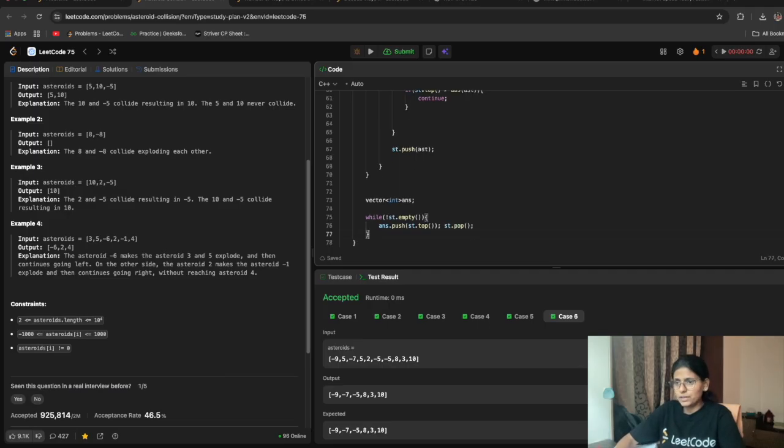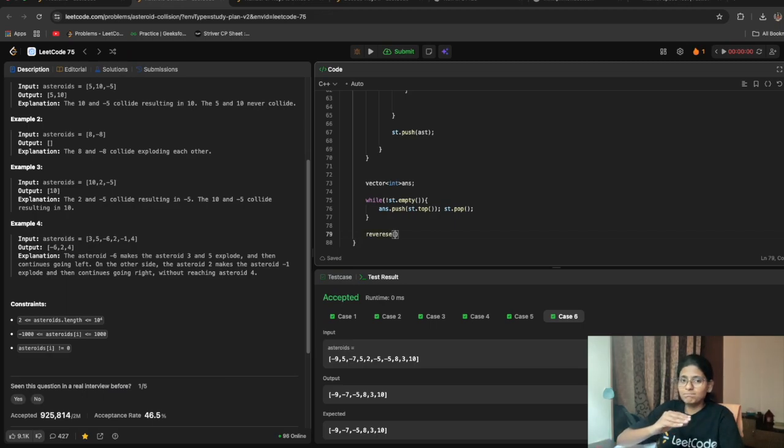After that we have to reverse it, because they want it in left to right order, which was present in the original vector. So reverse our answer vector and return it.